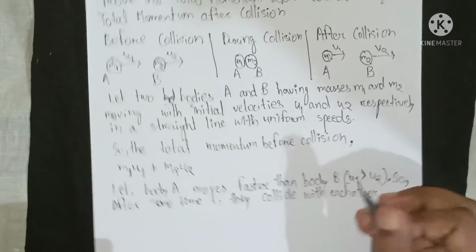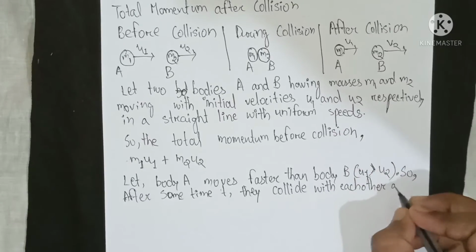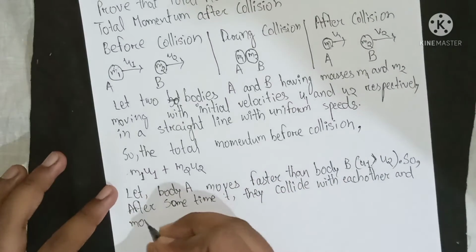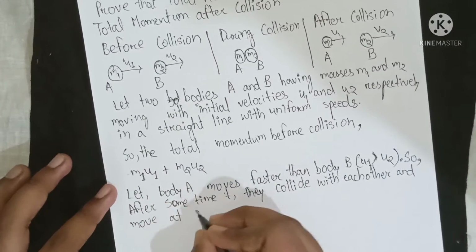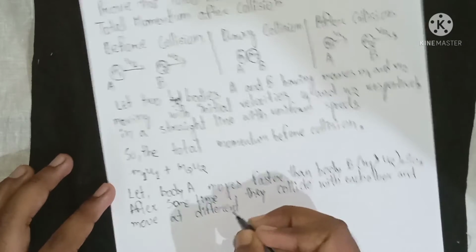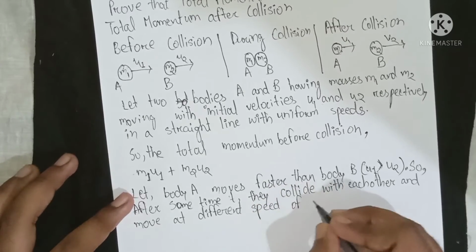Now we have to write that they move at different speeds of v1 and v2 respectively.